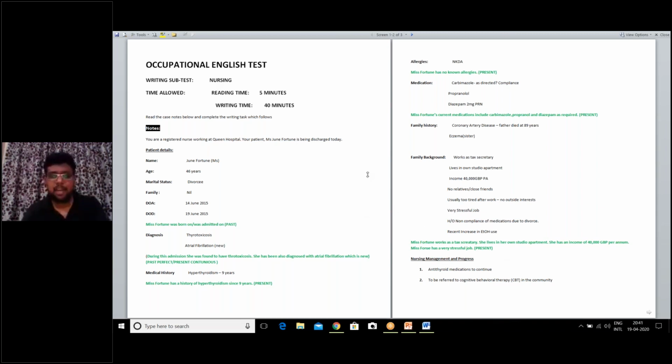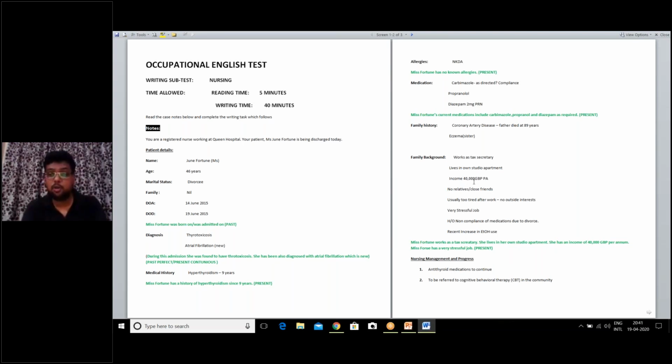This is the medication she has been recommended. The medical history of her father has also been given over here. Now you have to see what is necessary and what isn't. The family background has also been given. She works as a tech secretary.